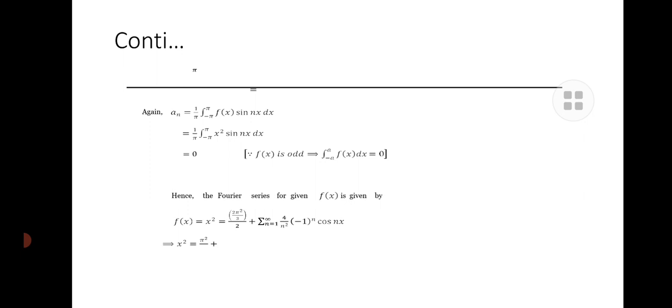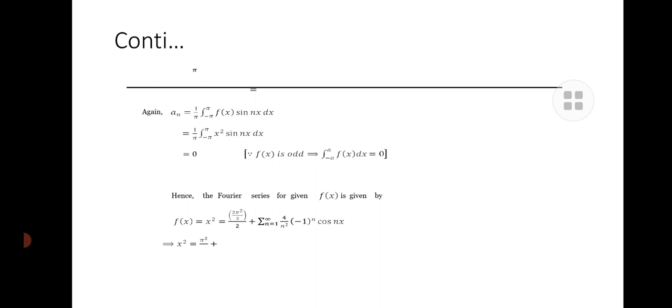Now we need the deduction of pi square divided by 6 is equal to 1 divided by 1 square plus 1 divided by 2 square plus 1 divided by 3 square and so on. So we have to put x is equal to pi in the above series. By that we get pi square is equal to pi square divided by 3 plus summation 4 times minus 1 to the power of n divided by n square cos n pi.